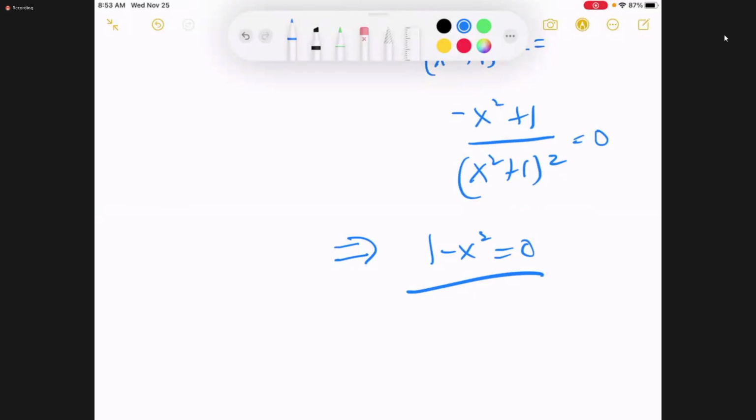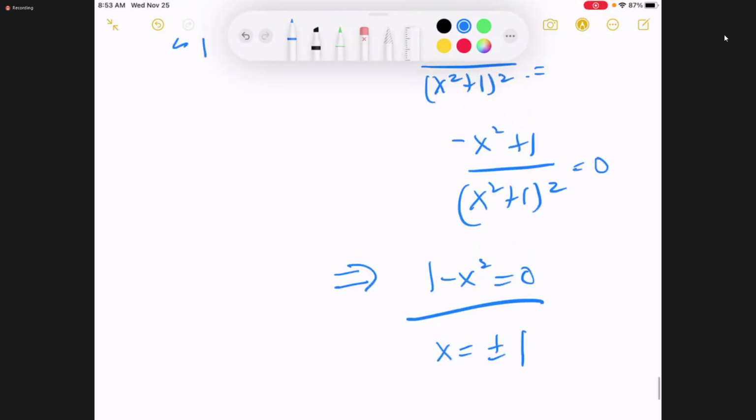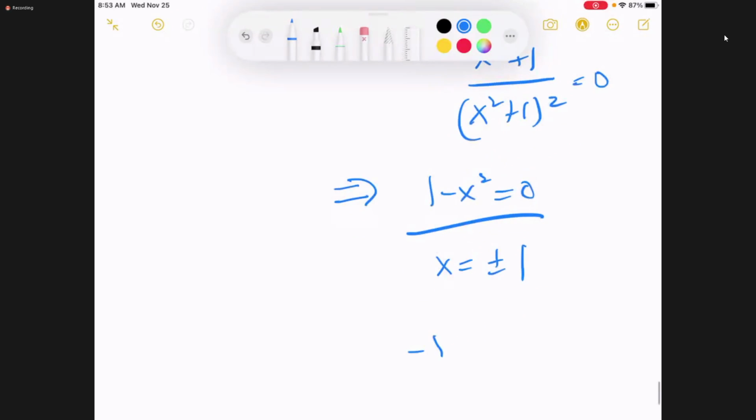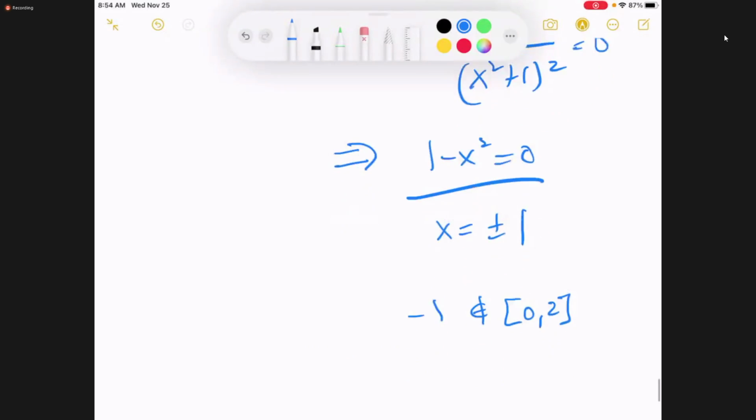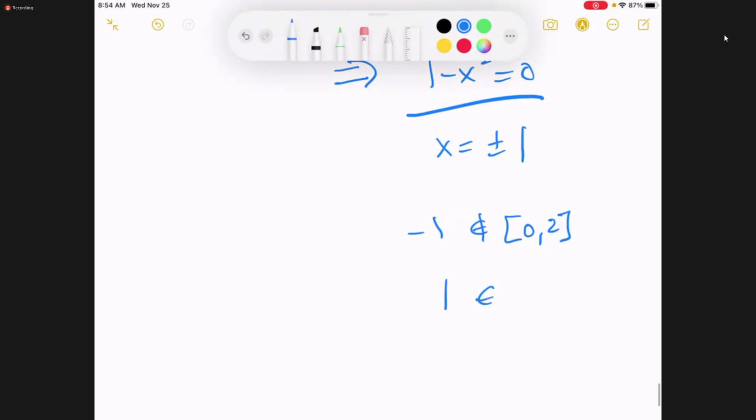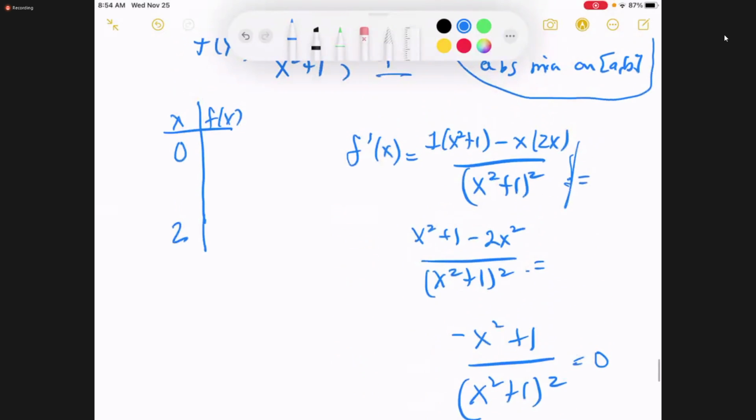And, okay, that says that x is plus or minus 1. Well, minus 1 is not in my interval. So it doesn't count, okay? But the plus 1 definitely is. So plus 1 goes in my list up here.